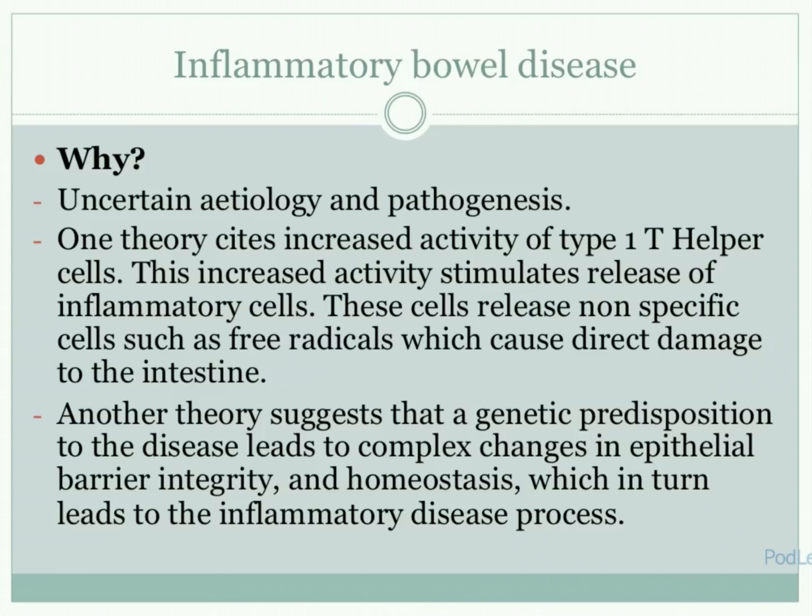Another theory suggests that a genetic predisposition to the disease leads to complex changes in epithelial barrier integrity and homeostasis, which in turn leads to the inflammatory process which we see in Crohn's disease.